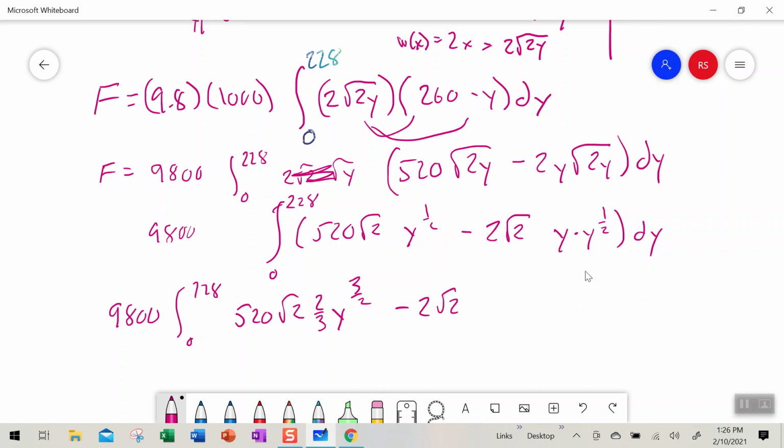Now y times y to the 1/2 becomes y to the 3/2. I'm actually integrating, so I don't need that there now. I wasn't planning on integrating in this step, but I jumped ahead of myself. So y to the 3/2 is going to become y to the 5/2 times 2/5. And then we're integrating that from 0 to 228.